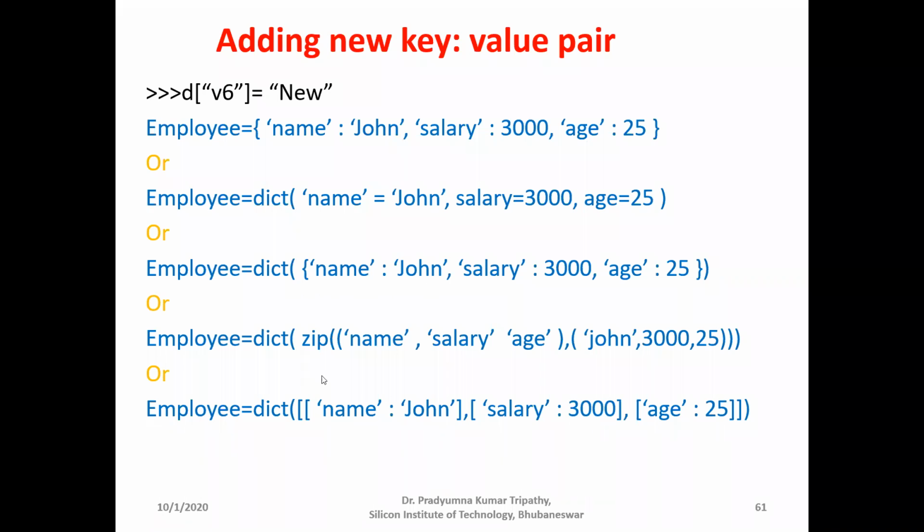Same dict function, or you can use the zip method, where you declare all keys in one place and all values in another bracket. Without using zip, we can use it in this way also, key and value.